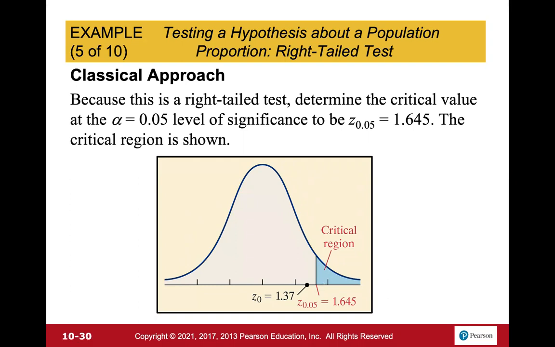Because our test statistic, the z-score that we found, was lower than our critical value, it wasn't in our critical region. So we don't have enough evidence to continue with stating something to be either true or not true.